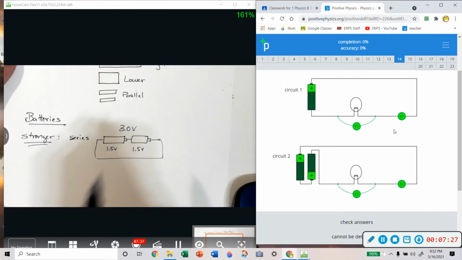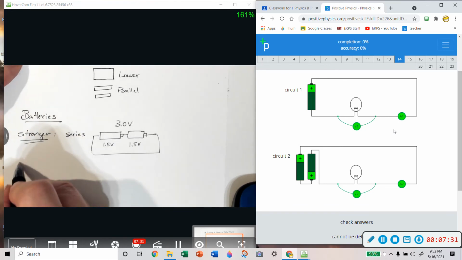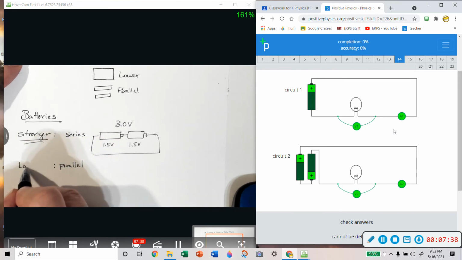Well then, why would we ever want a set of batteries in parallel? The reason you put batteries in parallel is not to make them stronger, but to last longer.